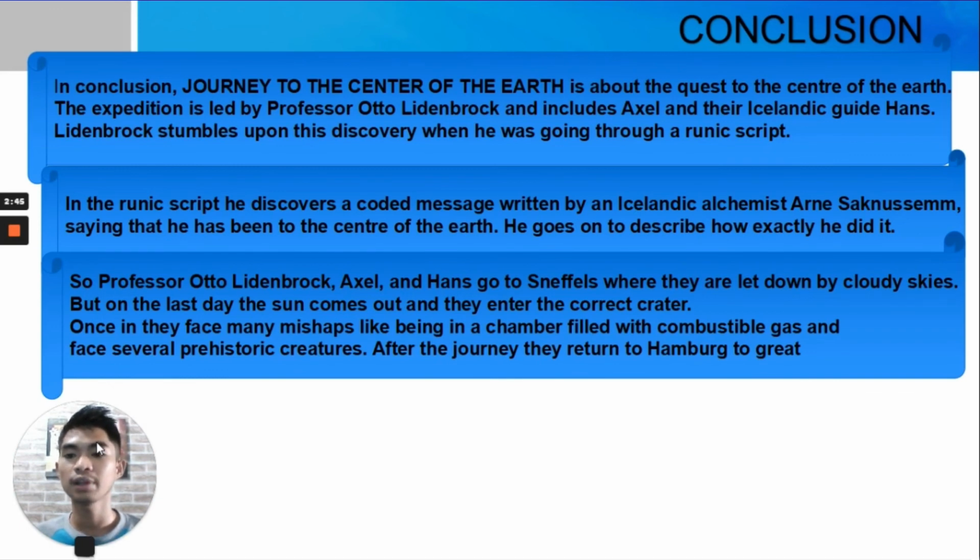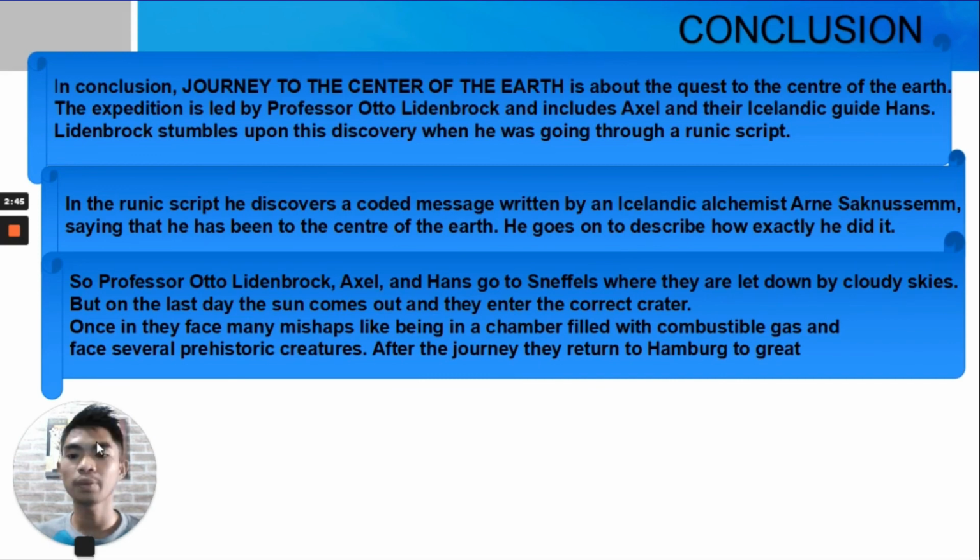In the manuscript, he discovered a coded message written by an Icelandic alchemist, Arne Saknussemm, saying that he has been to the center of the earth. He goes on to describe how exactly he did it.